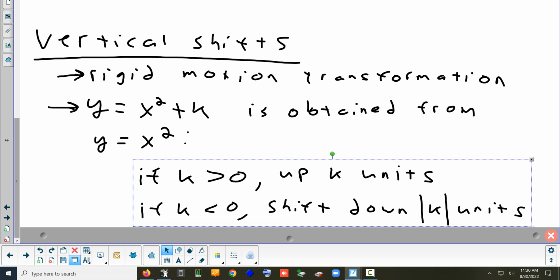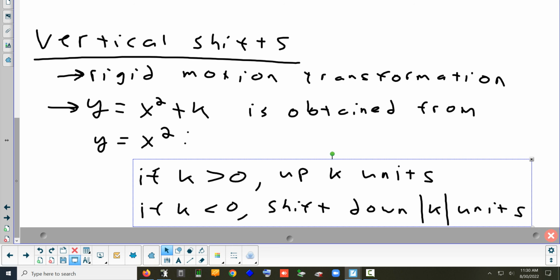How do you think you would move it left or right? Is that x squared plus a? Yes. I think it's the same thing, that there's parentheses around there. There would be some parentheses involved, yeah.